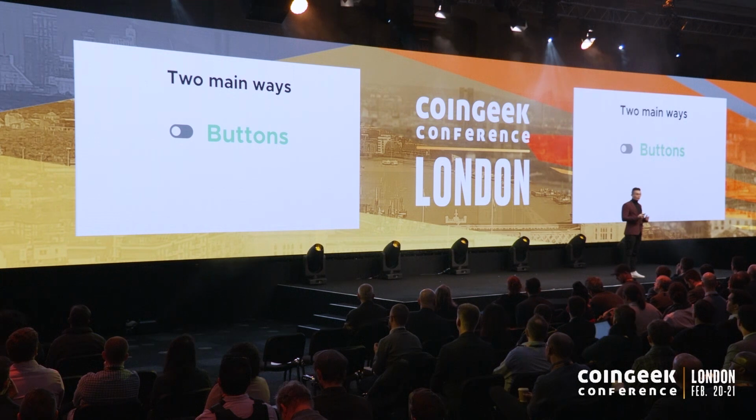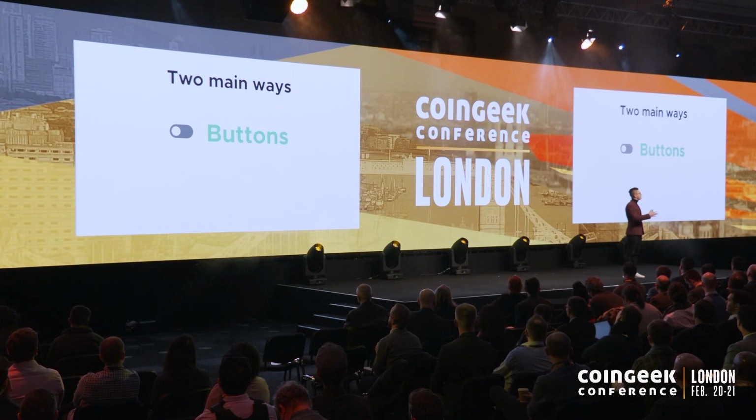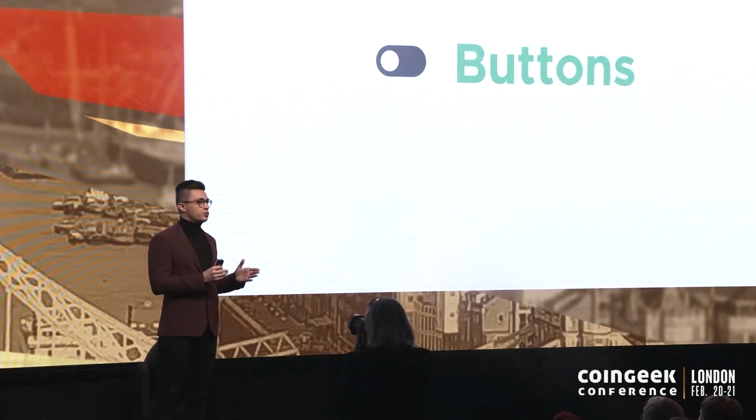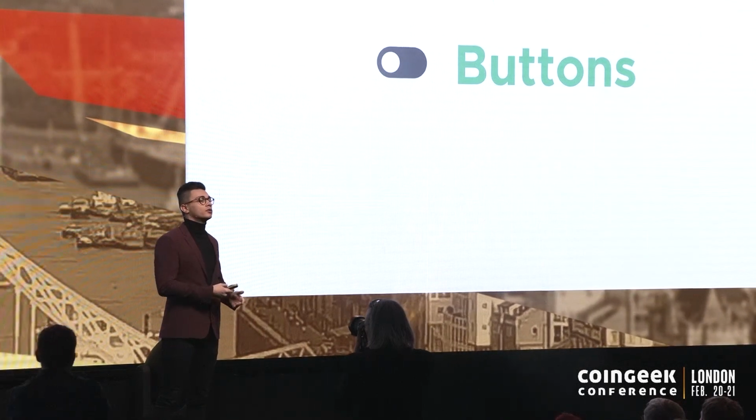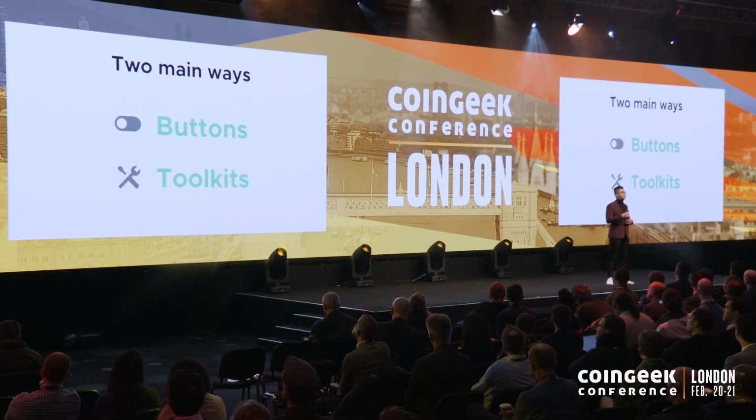So right now we have two different ways of building products. One is the buttons in general. They are very cool to work as paywalls on browsers, but they are limiting in the platforms that you can work on and what you can do. And on the other side, we have the toolkits and protocols.